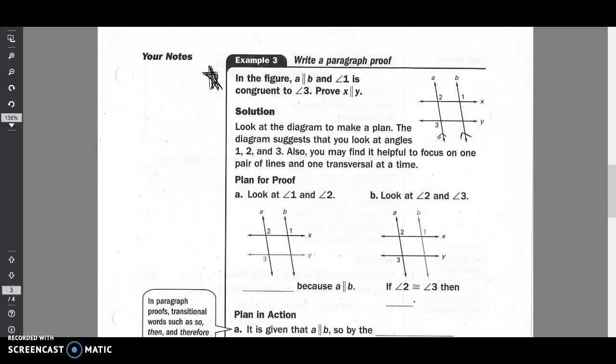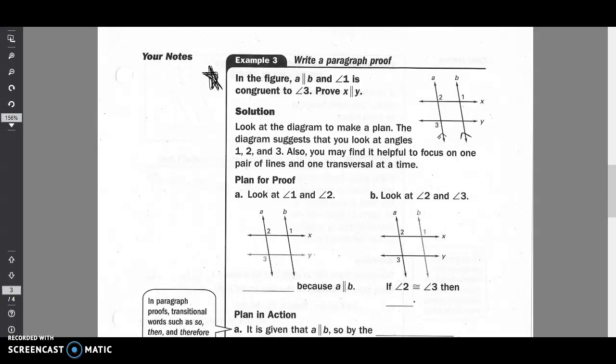Once we do that, a transversal that intersects with 2 parallel lines, we are allowed to say all 4 of those things.